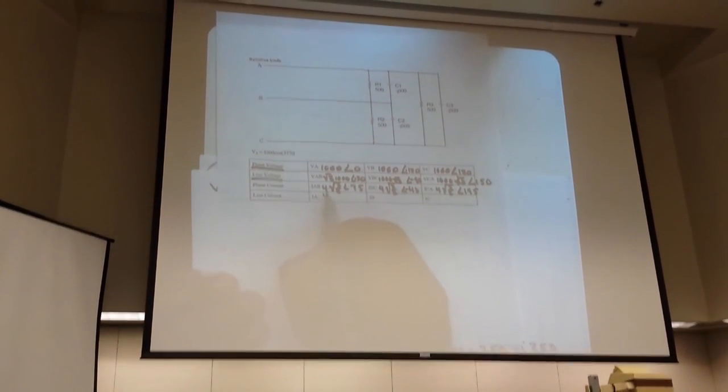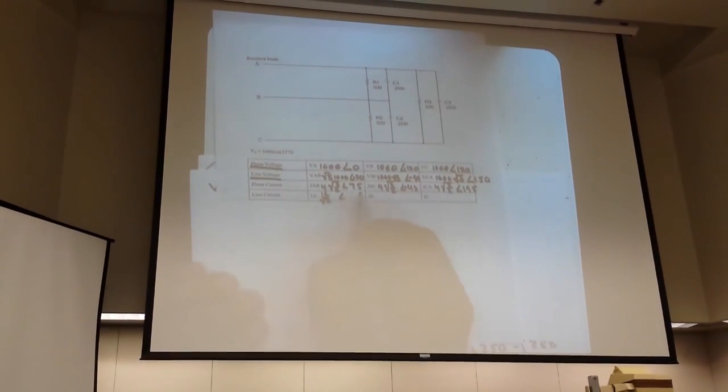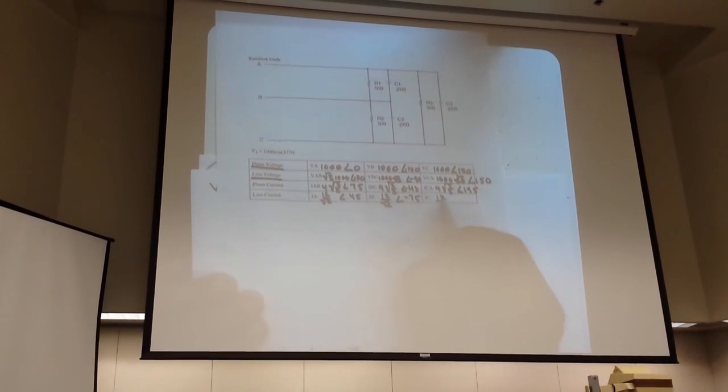And so we have 12 over square root of 2, and then a phase shift of 30 degrees, just based on the geometry that we did before. And we're done.